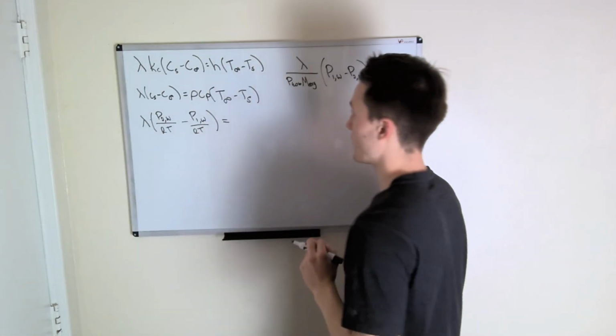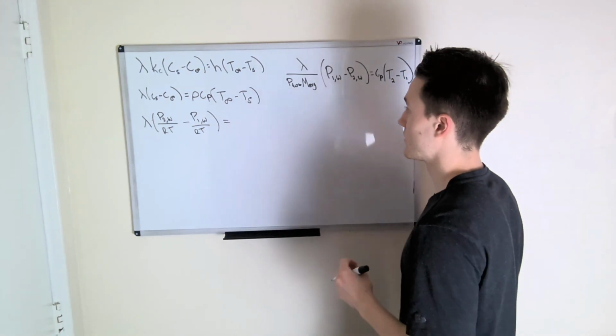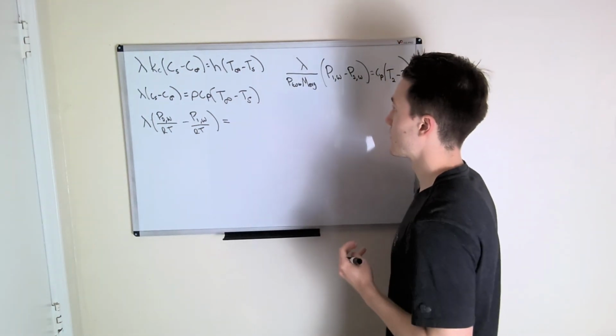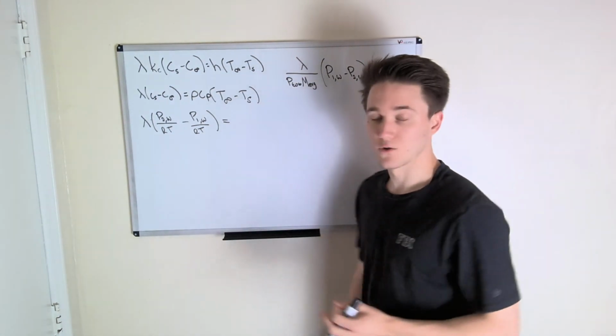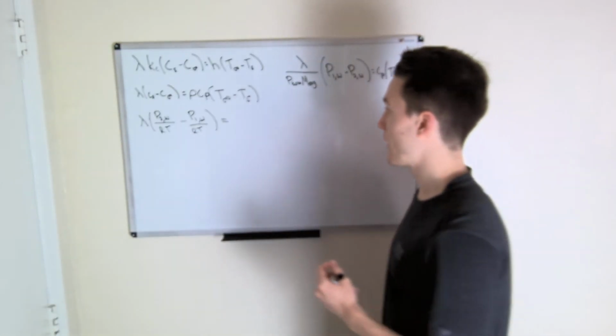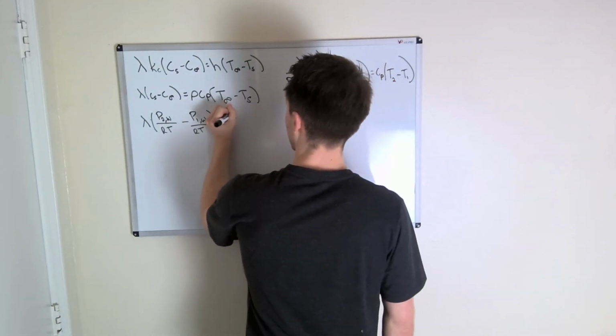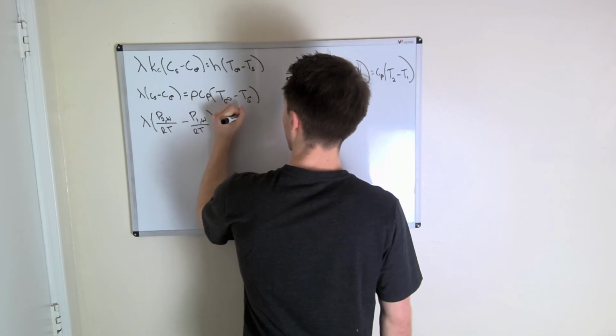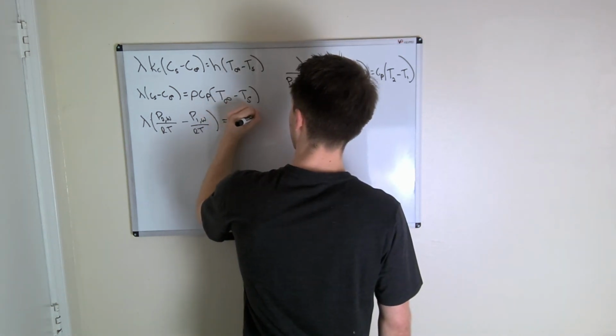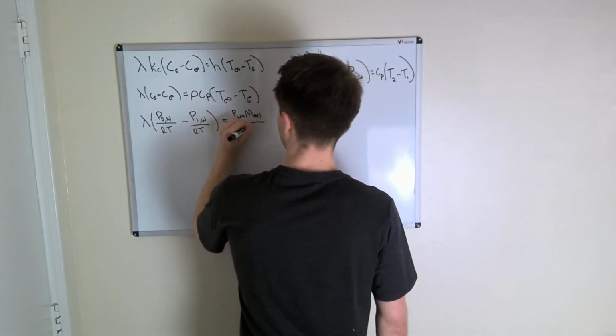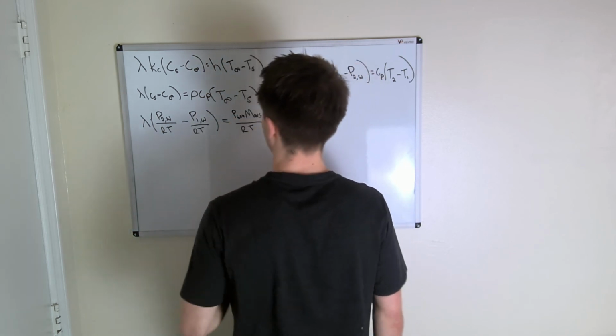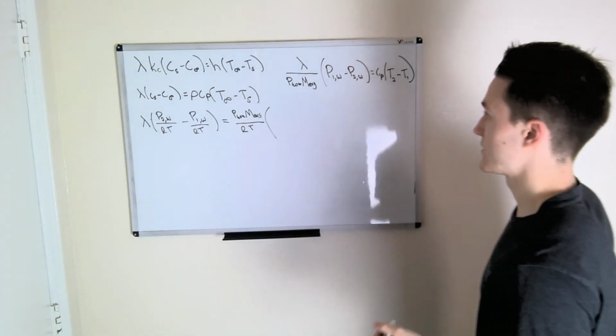And then we have our density, which can be correlated to our total partial pressure and the average molecular weight over RT. And then our temperature difference.